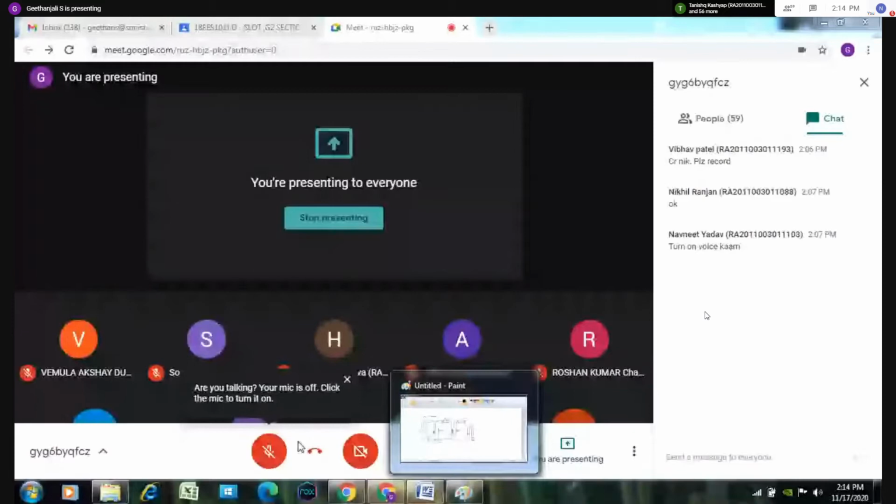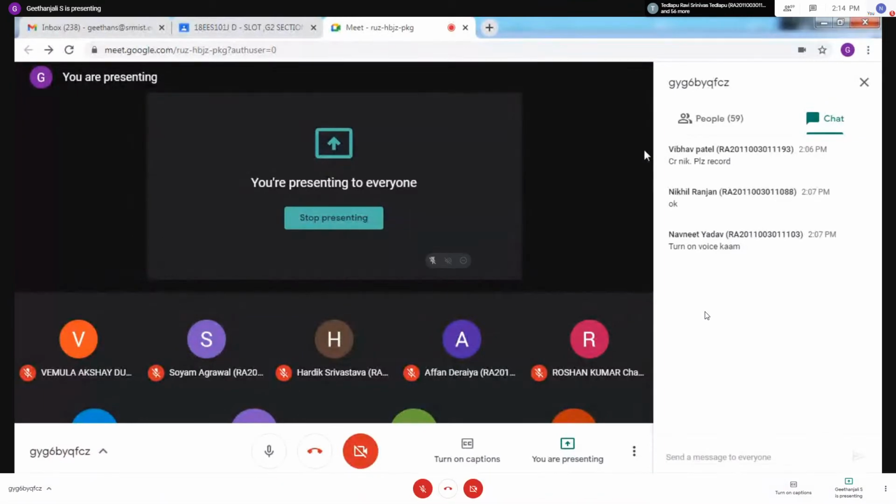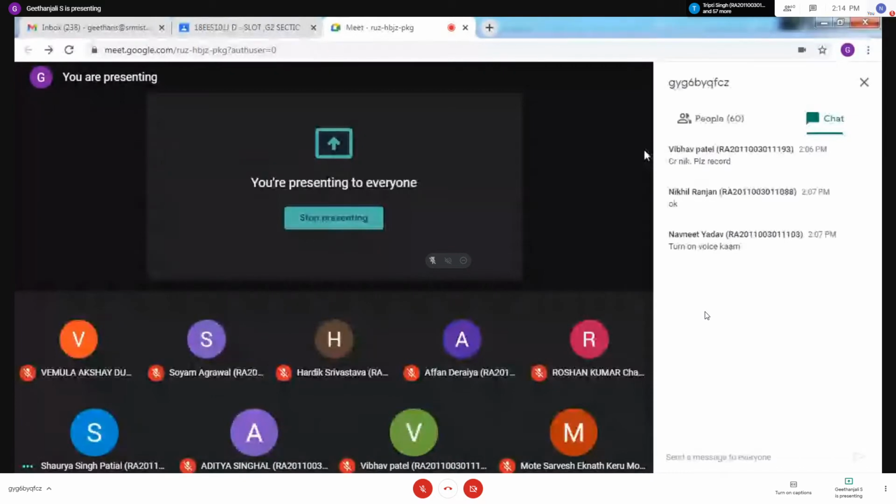See, have you all gone through the material? Especially go through the circuit diagram. That only we are going to do with the e-circuit. Go through the circuit diagram.